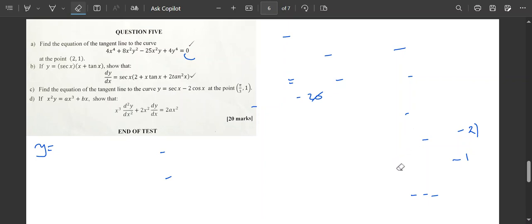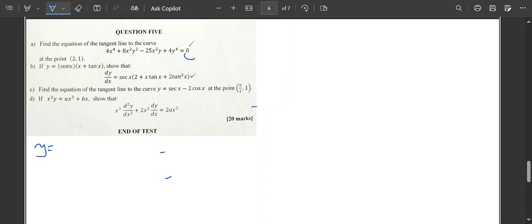If y is equal to, open bracket, sec x, then x plus tan x, we need to show that dy/dx is equal to, in short, we are just to find the dy/dx of this.